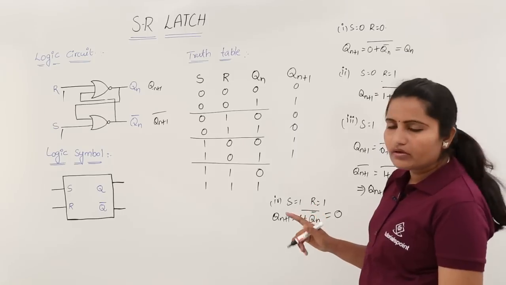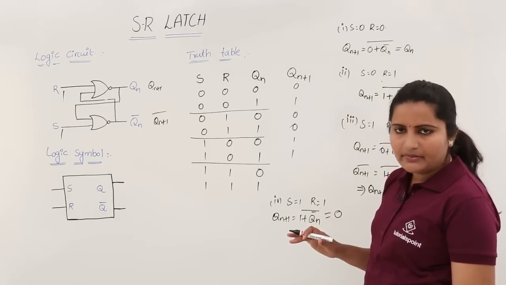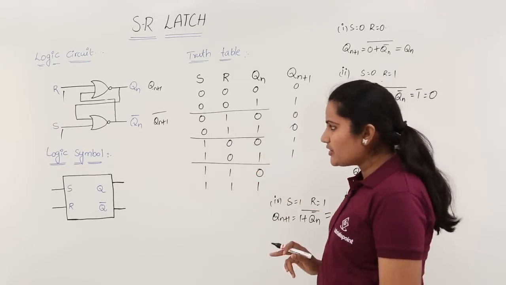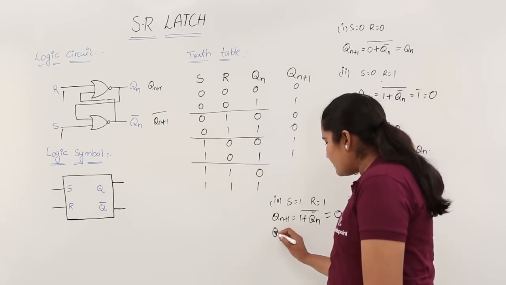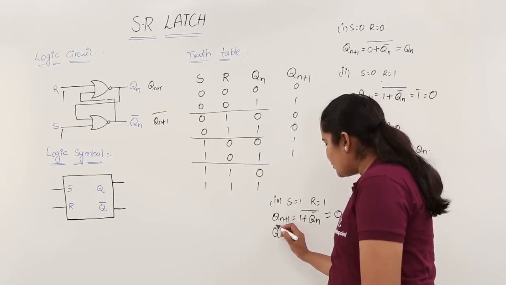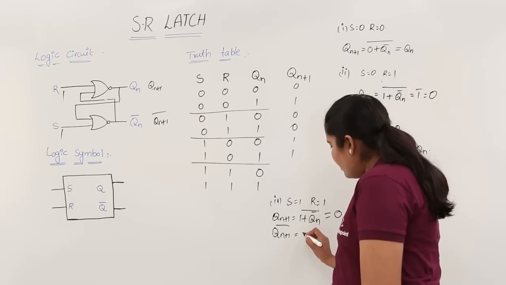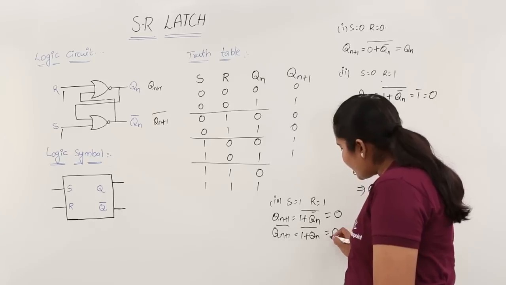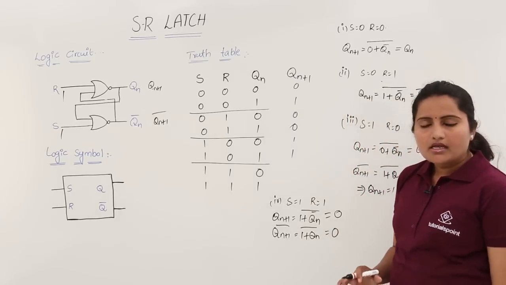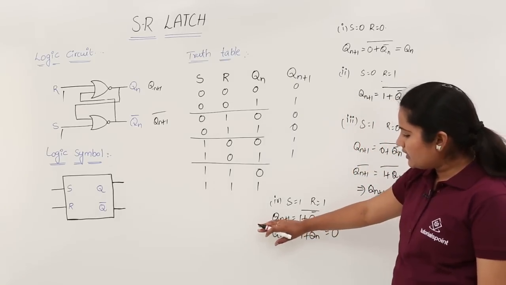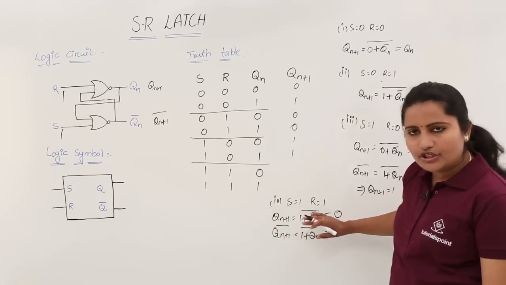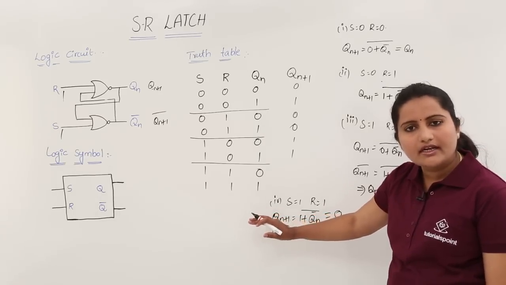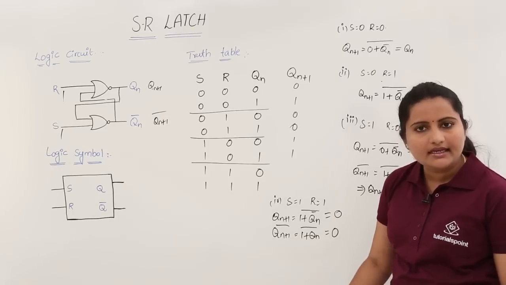So you just check the other path, that means the complement path. There also you are getting Qn plus 1 whole bar equivalent to 1 plus Qn whole bar. So here also you are getting 0. So you are getting 0 for both Qn plus 1 and its complement, which means it's meaningless.